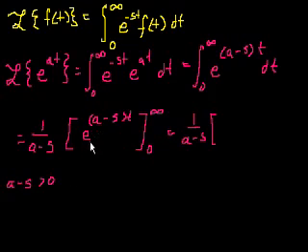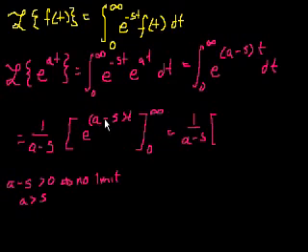So we don't get an answer. When you do improper integrals and the limit to infinity doesn't come to a finite number, that means the improper integral diverges. And so there is no limit. To some degree, we can say that the Laplace transform is not defined when a minus s is greater than 0, or when a is greater than s.